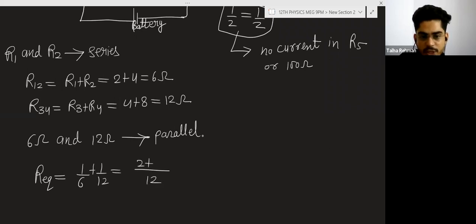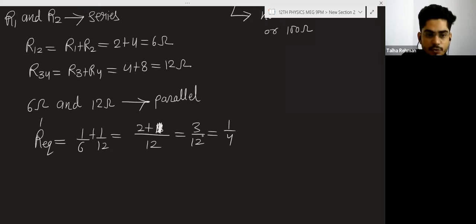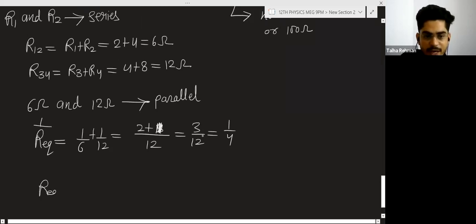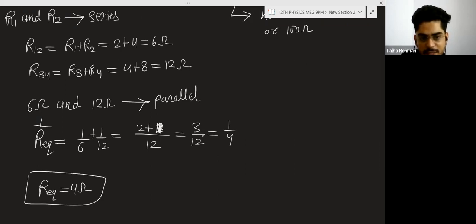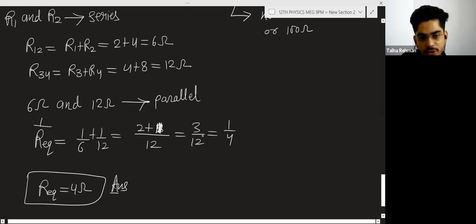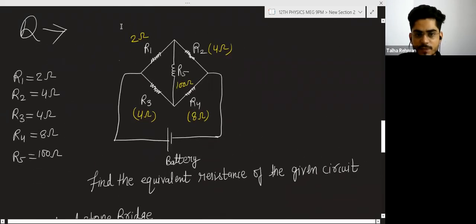This will become 2, and this will become 1. So this will become 3 divided by 12, so you will get 1 by 4. This is 1 by R equivalent. When you calculate R equivalent, you will get 4 ohm. So 4 ohm is the answer of this question.